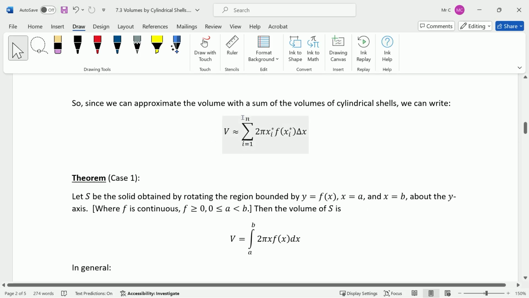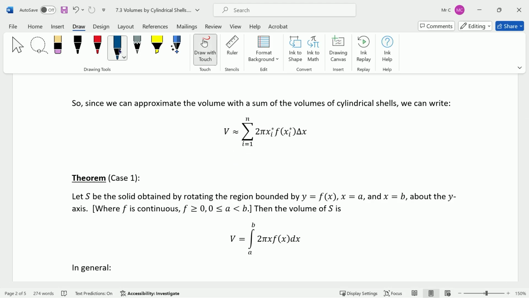So since we can approximate the volume with the sum of the volumes of cylindrical shells, we can write that the volume is approximately the sum from 1 to n of 2 pi x sub i star times f of x sub i delta x. Again, this is circumference times height times thickness.